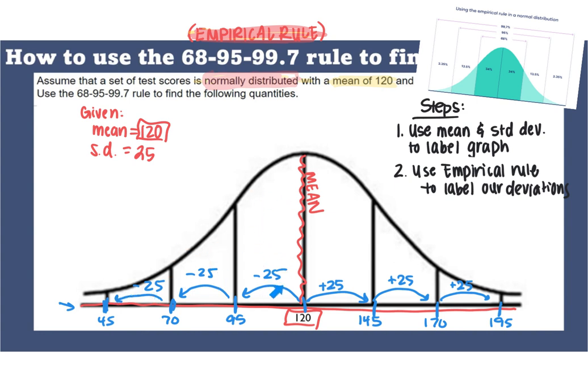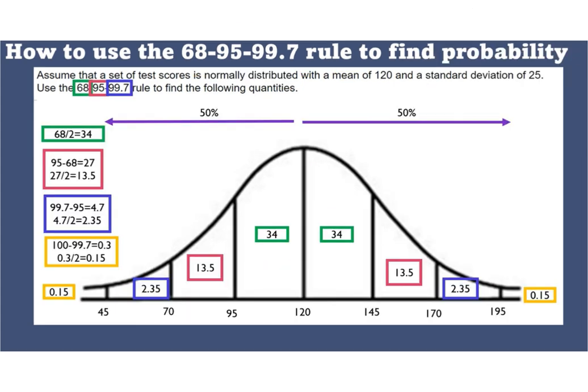This is deviation 1, 2 deviations away, 3 deviations away. In our empirical rule, I actually pasted that in right here. We can use this as an example. So now you can see we filled out each of these based off of our given empirical rule.